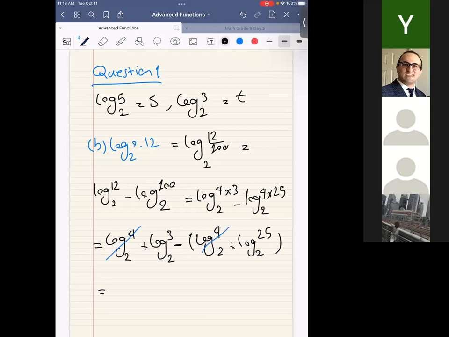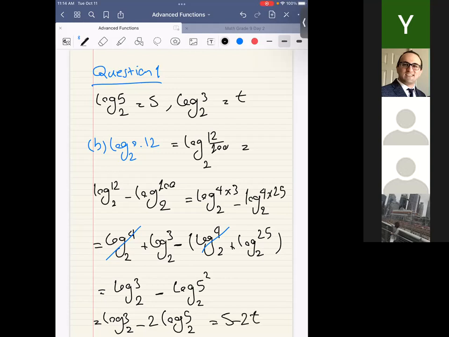Then you get log 3 with base 2 minus log 25. Log 25 is 5 squared, so minus log of 5 squared. And log of 5 squared is 2 times log 5. So it is equal to log 3 minus 2 times log 5, which is equal to t minus 2s.